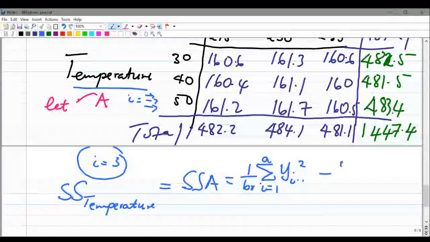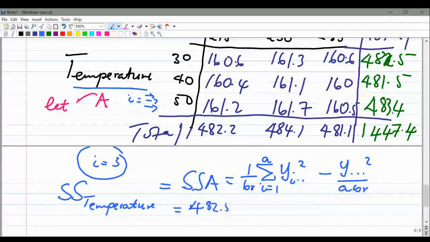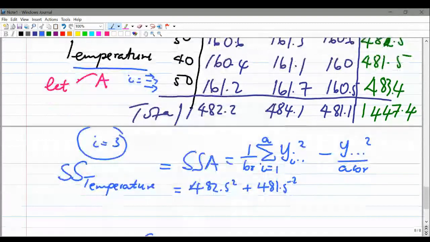So SS is the sum of Y dot squared divided by BR, minus Y dot dot squared divided by ABR, because you have 3 dots there. Which values are we using? 482.5 squared plus 481.5 squared. Sometimes it's not necessary, guys, to show us this step. If you are able to capture the values from the question paper, don't write them like this.